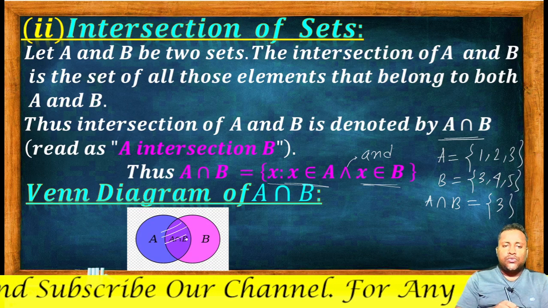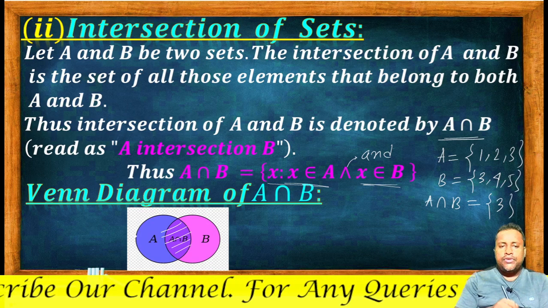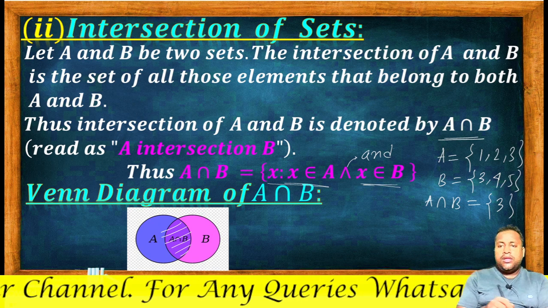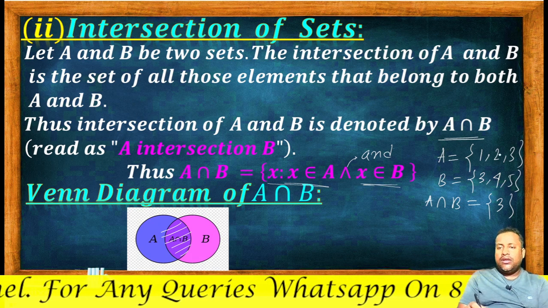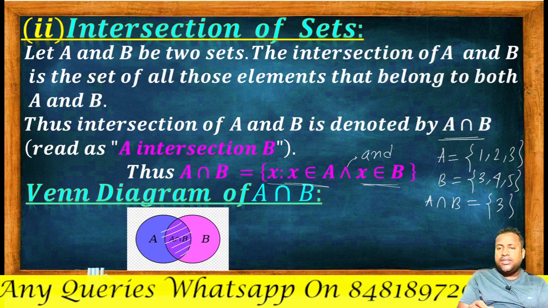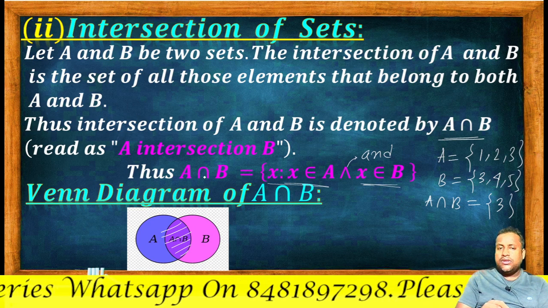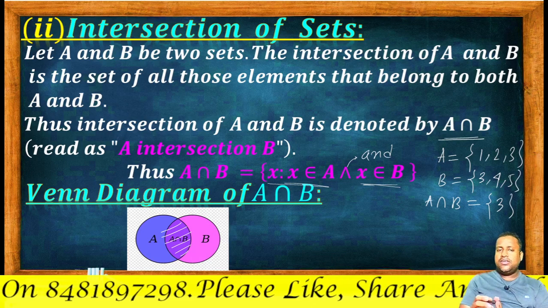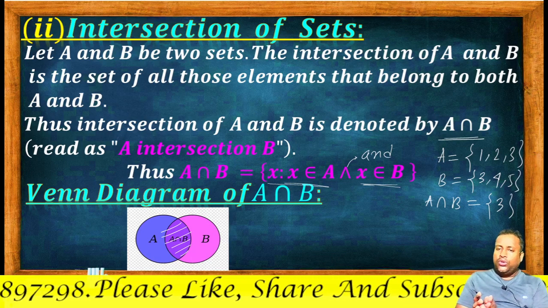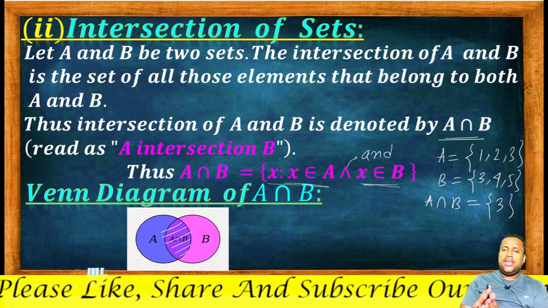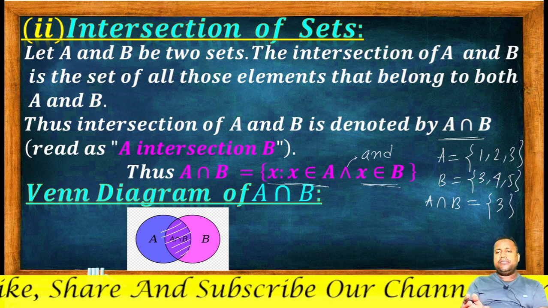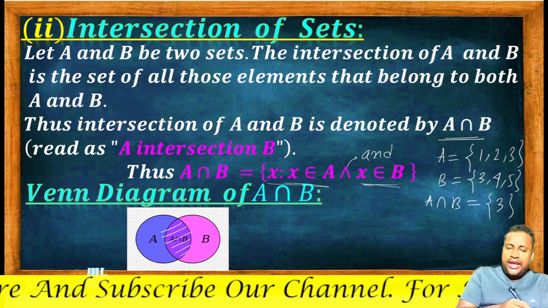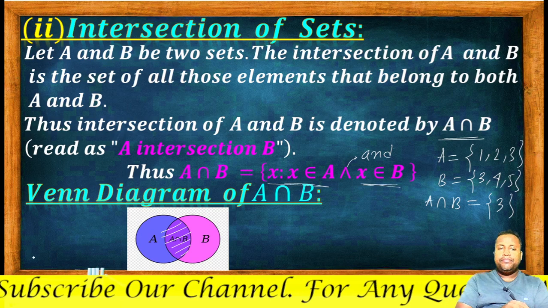That means A ∩ B is the set which contains all those elements which lie both in A and in B.